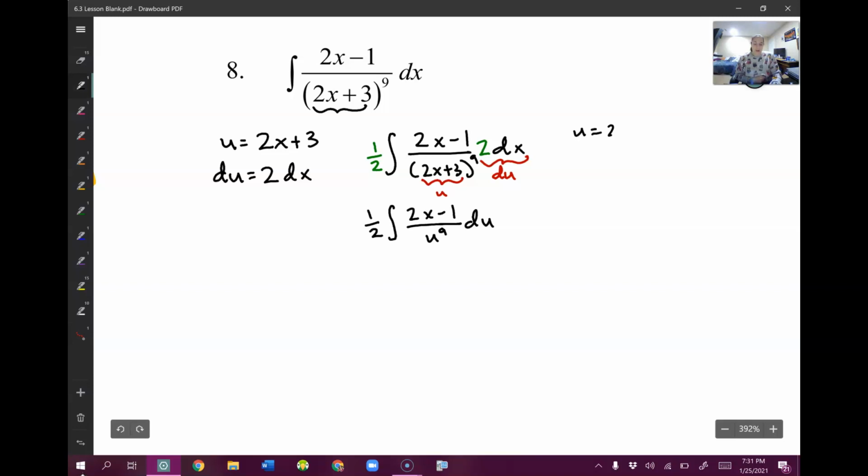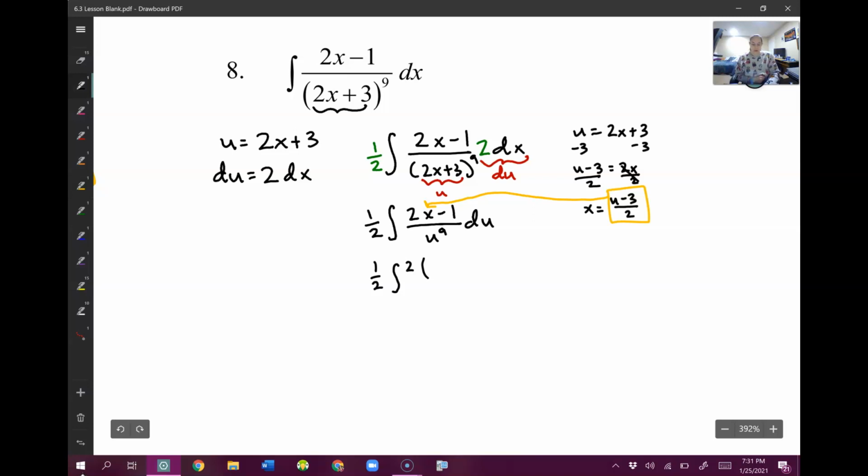So I'm going to take my u and solve it for x, like so. So I get x equals u minus 3 all over 2. And I'm going to plug that in. So plug this equation in to my x.